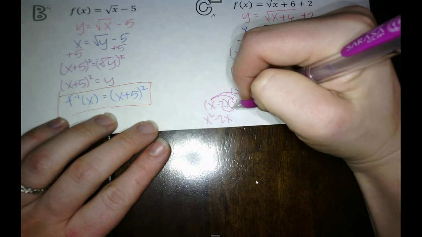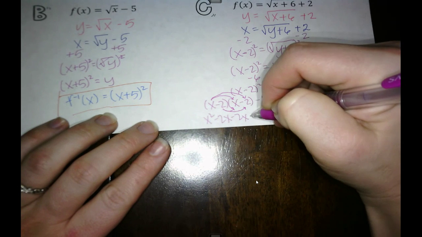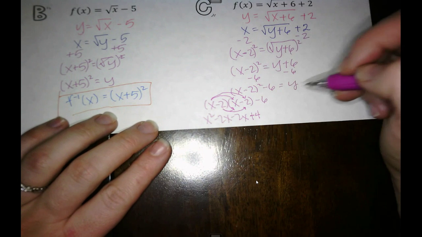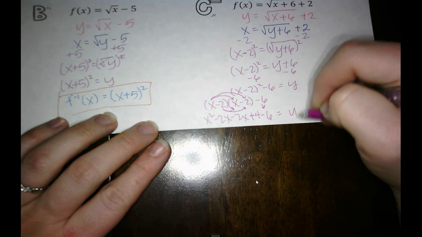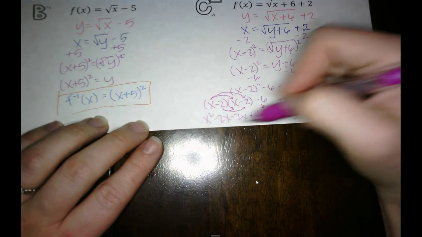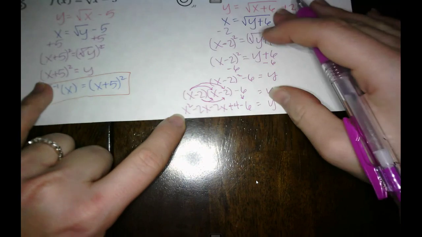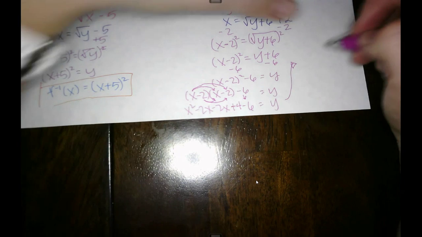And then this times this, negative 2x. This times this, negative 2 times negative 2 is positive 4. And then don't forget your minus 6 equals our y. Combine like terms. So x squared, we don't have any other x squareds to combine.